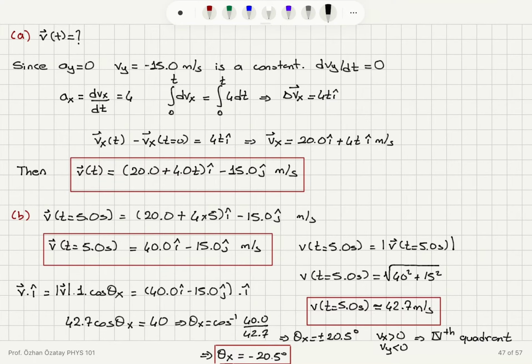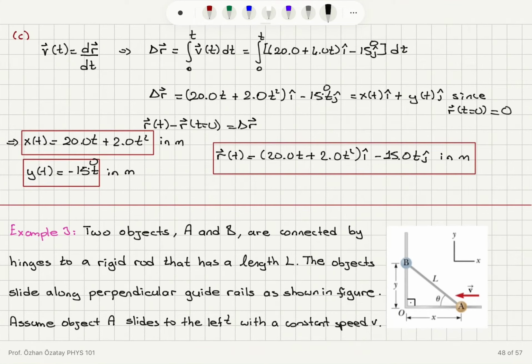Then I look at the relationship between velocity and position vector: the change in the position vector, the displacement, is the integral over time of velocity dt. Since the initial position is the origin, I can determine r as a function of t, and the coefficient of i hat gives me the x component, the coefficient of j hat gives me the y component.